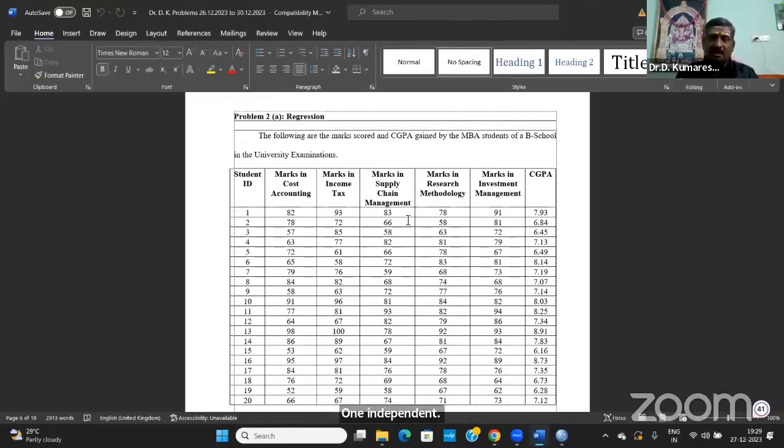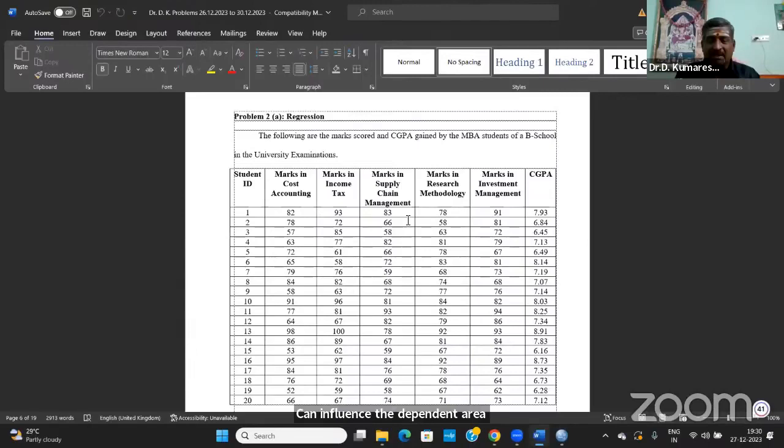So these independent variables individually and together influence the dependent variable. These independent variables either individually or jointly together can influence the dependent variable.